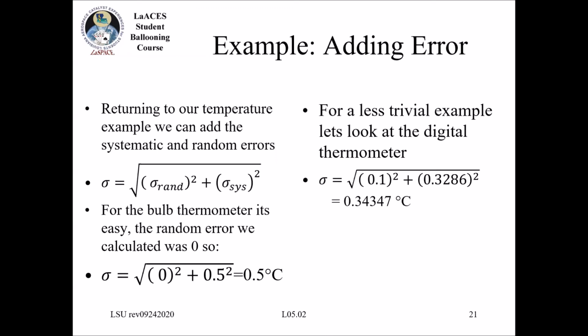But if you don't have any additional information, you want to at least assume the smallest digit as the systematic error. I do the same thing, and I get a value that's close to the random error, but it's a little bit bigger because there is still some systematic.